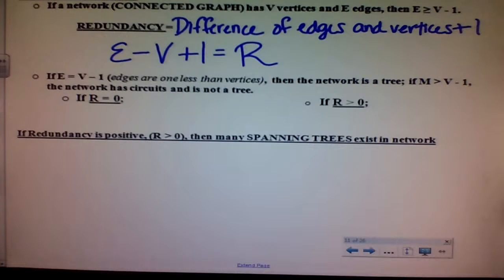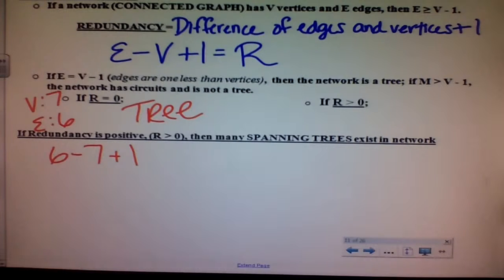Okay, so if you use this formula and your redundancy comes out to be 0, that means we have a tree. If your redundancy is 0, you have a tree. So if you think about it, if my vertices are 7 and my edges are 6, that would mean 6 minus 7 plus 1. Well, 6 minus 7 is -1, plus 1 is 0.